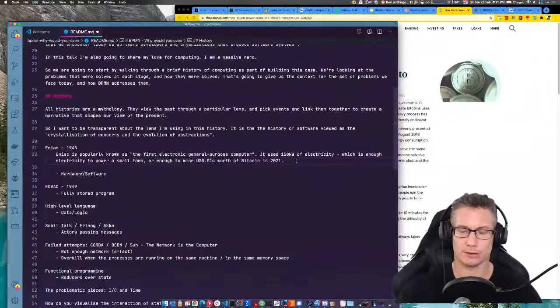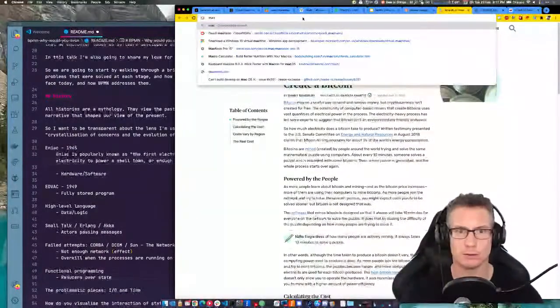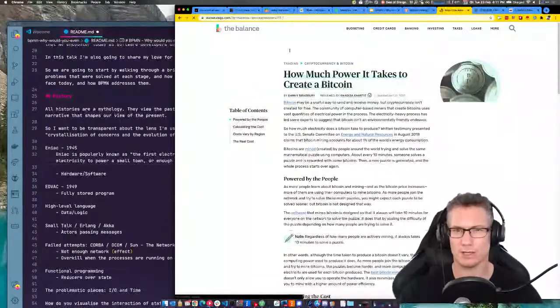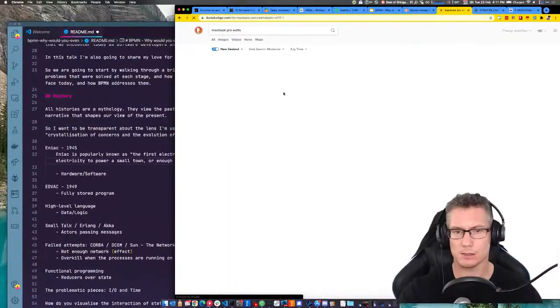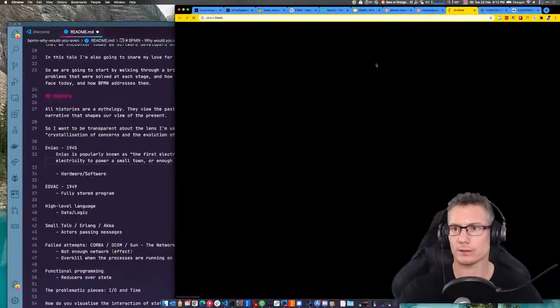Far out. I think my MacBook Pro uses, MacBook Pro watts, 22 watts? Laptop power consumption. Let's have a look at this.